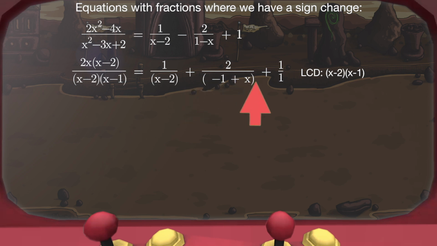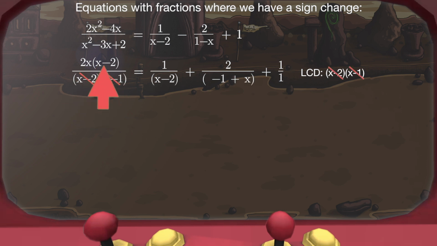And now we can simply say that this is a 1. We don't need to add the 1 to the LCD because 1 times anything stays that anything, right? Okay, awesome. Now that we have the LCD, we can simply take it and divide with the denominators. So x minus 2, x minus 1 divided by x minus 2, x minus 1 is a 1.